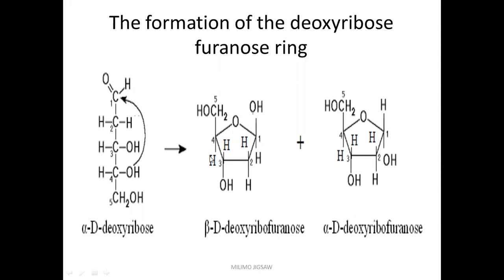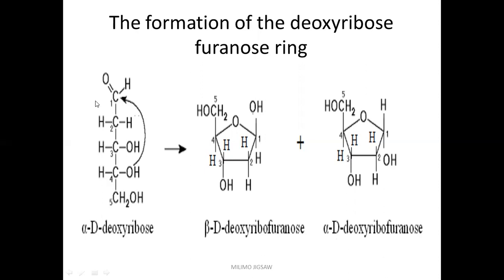So if it is above the plane, it is called a beta deoxyribofuranose ring, or if it is below the plane, it is called alpha deoxyribofuranose ring.